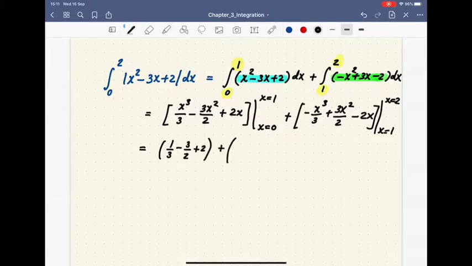And then you plus negative 2 cubed over 3, and then plus 3 times 4 over 2 minus 2 times 2. That is going to be the first term when you evaluate at x equal to 2, and then you subtract the value when x equals 1.